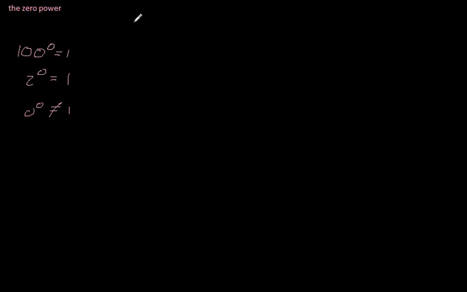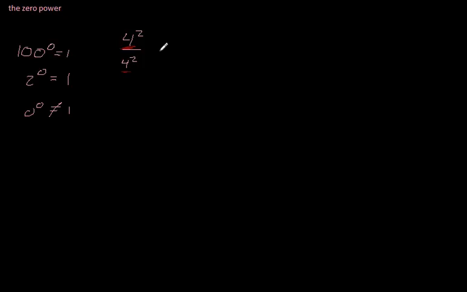Let's figure it out. We already know that through dividing powers with the same base, let's say I give you 4 squared over 4 squared. We can see that 4 and 4 have the same base here.